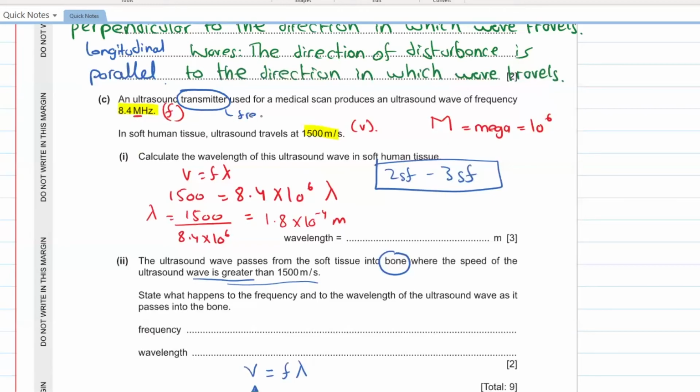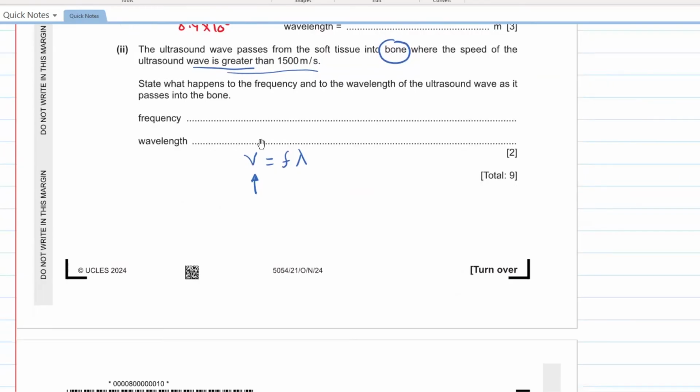The transmitter. So if the frequency is determined by the transmitter and you are not changing it, that means frequency is constant. That means velocity is directly proportional to lambda. Frequency remains constant, so if velocity increases, lambda will increase.